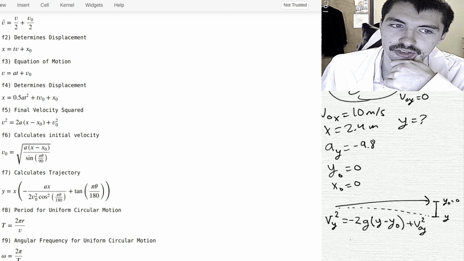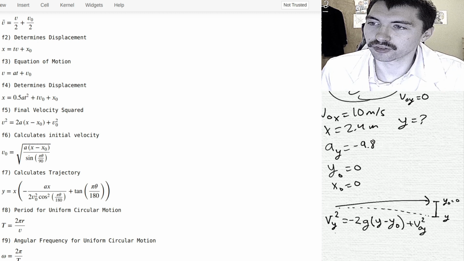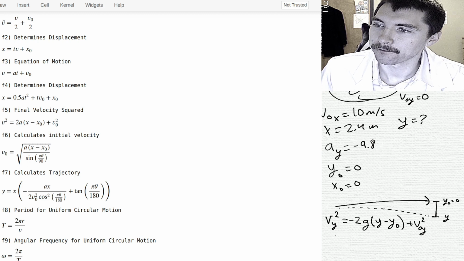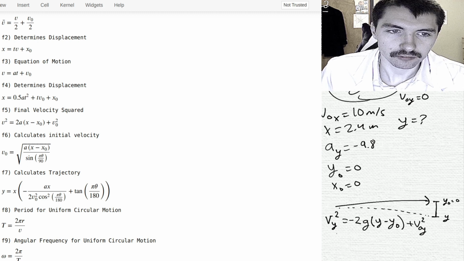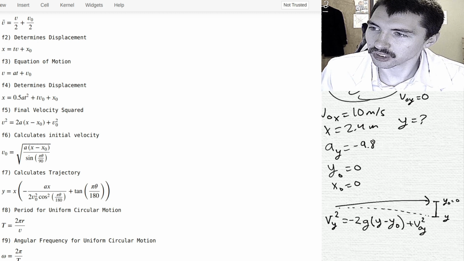And then this is the final velocity. So we're solving for y. So do we know the final velocity? I don't think we do.